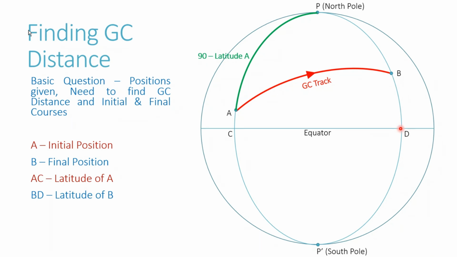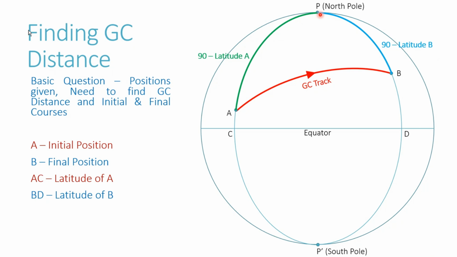Pole to the equator along any of the meridians is always 90 degrees. So Papa to Delta is 90 degrees, and Bravo to Delta is equal to the latitude of my final position. That tells me that Papa to Bravo, the blue color side, is going to be 90 minus latitude of B. You can also call it the colat of B or 90 minus latitude of B. Both mean the same thing.